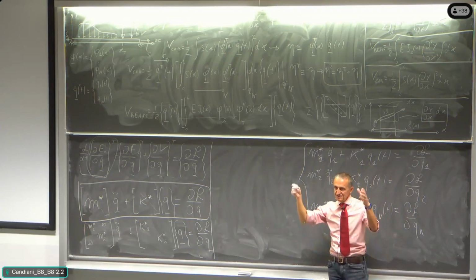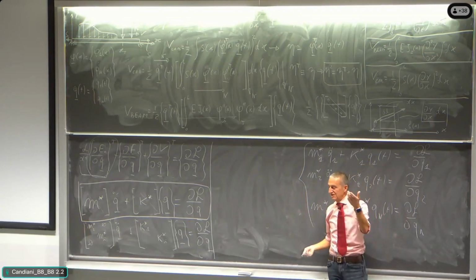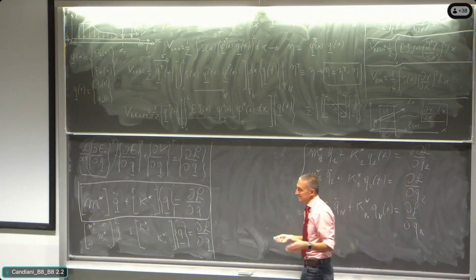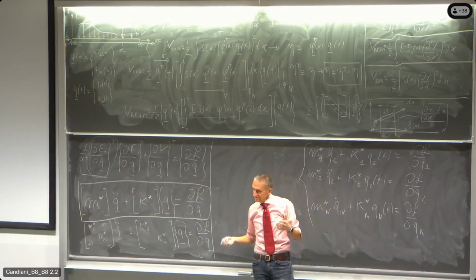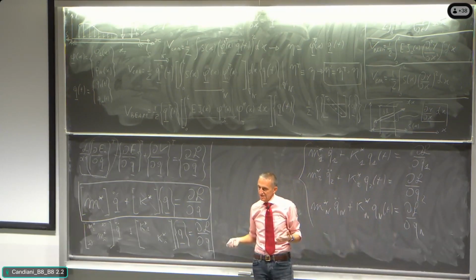So you are exciting a structure and you are measuring the natural frequencies. You are exciting a structure and you are identifying the modal shapes. And so why not? It absolutely happens that you work experimentally on things.